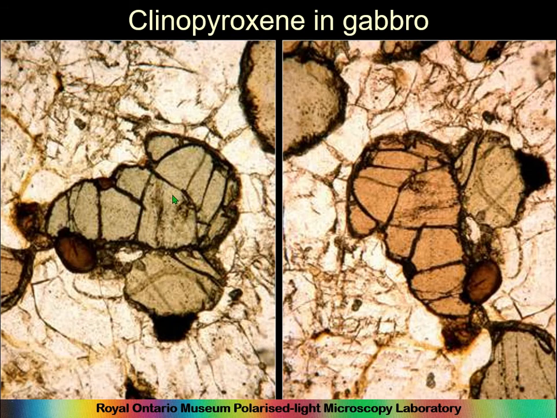And so you have this little fragment, and it's high relief. And it may have pleochroism, like this one does. And it will have cracks, which are not awesome, but they are parallel. And you'll have another one more or less at 90 degrees. And so that's how you'll say, that looks like a pyroxene.